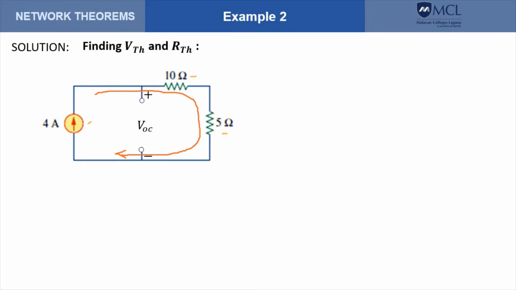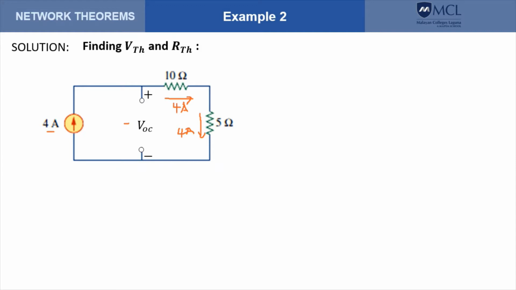For the 10 ohms, the current is in that direction, and that is 4 amperes. And the current through the 5 ohms is in this direction, which is also 4 amperes. So this 4 amperes flows directly through the two resistances. It's because this part here is already open and the current has nothing else to go but through those resistances.